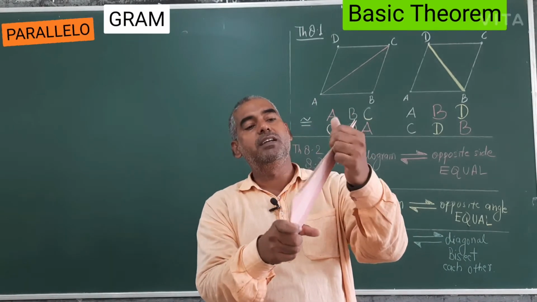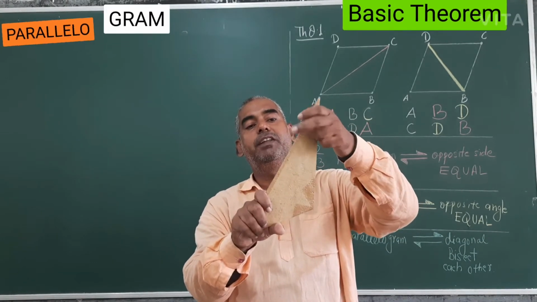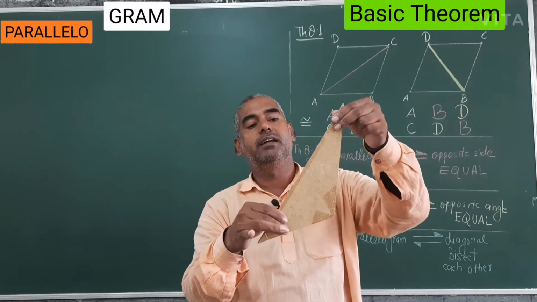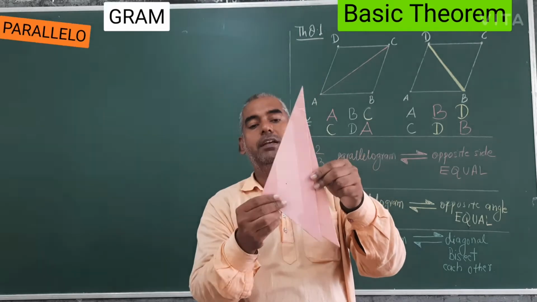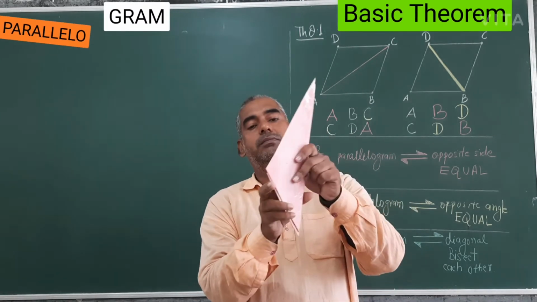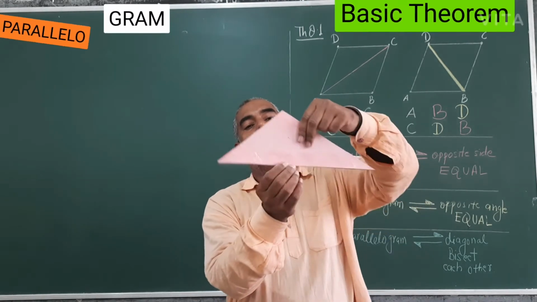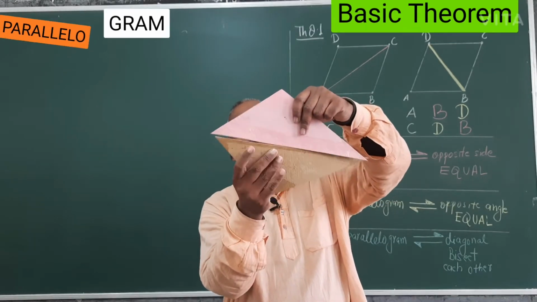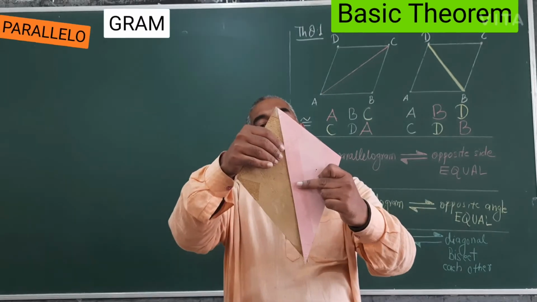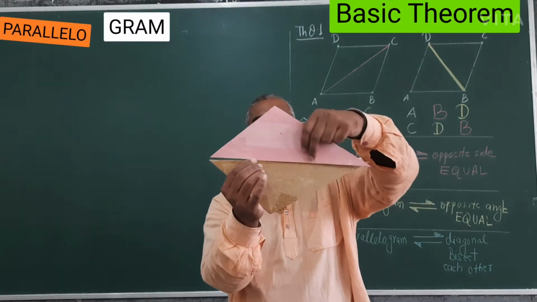This appears to be a single one because it has covered everything, because this angle is equal to this angle is equal to this, so it appears to be one, but actually it is two. When I slide it, nothing new, but when I join it, this will be a kite.